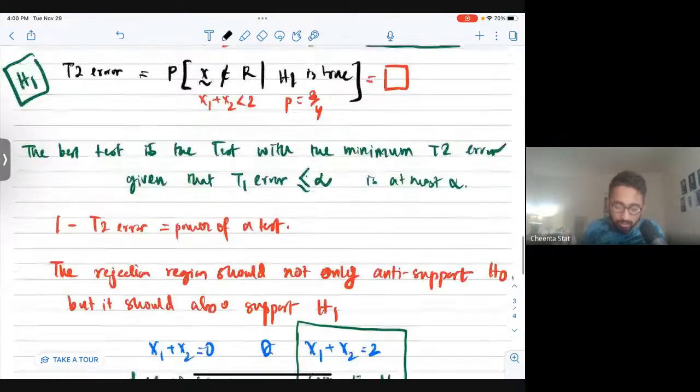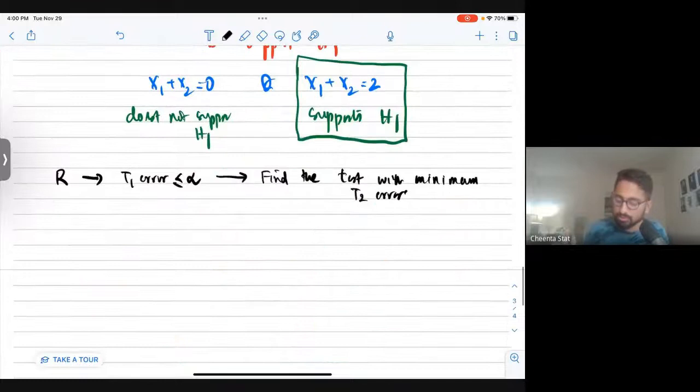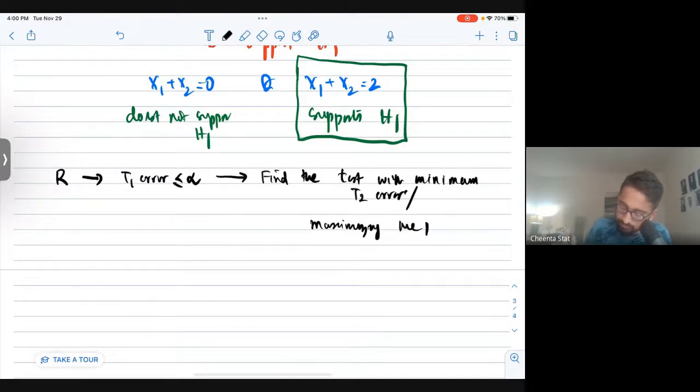Also 1 minus type 2 error is called power. So therefore minimizing type 2 error is nothing but maximizing the power of a test. Simple.